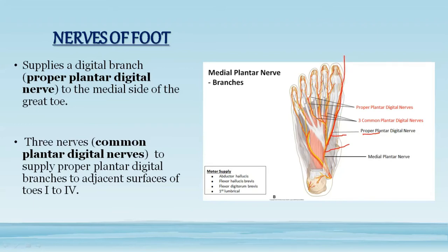Second, this medial plantar nerve gives rise to three common plantar nerves. These three common plantar nerves supply the adjacent surfaces of toes 1, 2, 3, 4. The adjacent surfaces of toes 1 to 4 are supplied by the common plantar digital nerves, which are the branches of the medial plantar nerve.